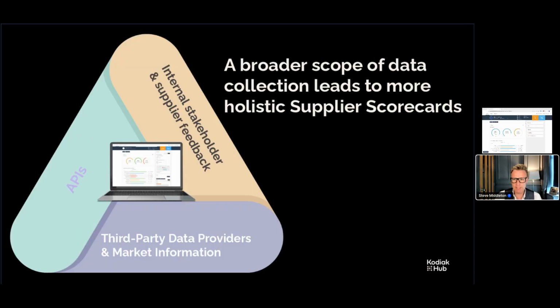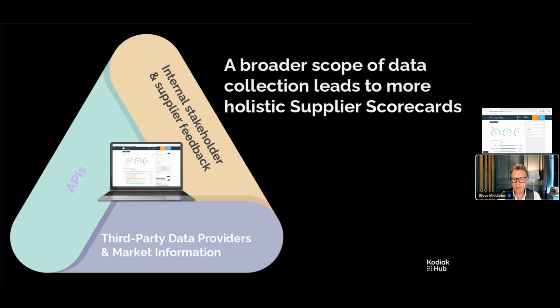To expand on that a little bit more, at Kodiak, we focus on providing our users with a broad scope of buying insights by pulling data from 3 core sources. You can see here, this is what we call the trifactor. Number 1, external supplier feedback and internal stakeholder feedback. Incredibly important.